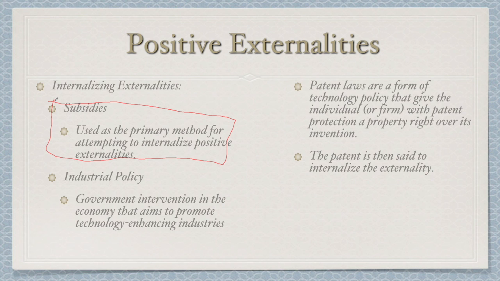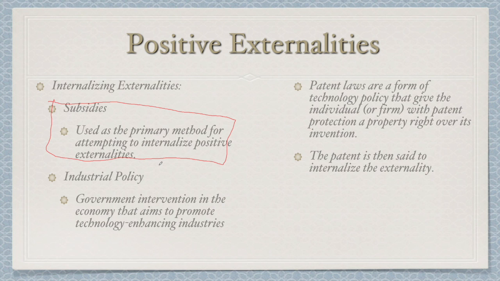So when you think of things that create positive externalities, there's often some form of government subsidy. So for example, if you buy an energy efficient appliance, you could get a tax rebate. If you go to college, the government might subsidize your student loan, right? Government's going to use subsidies, they're going to use money to attempt to get you to produce more things that create positive externalities.